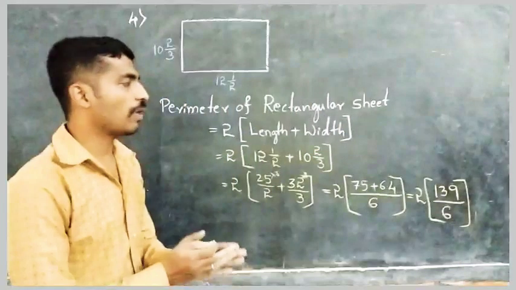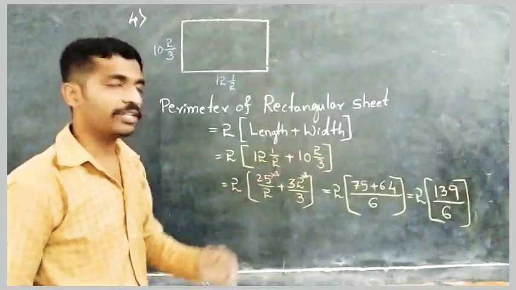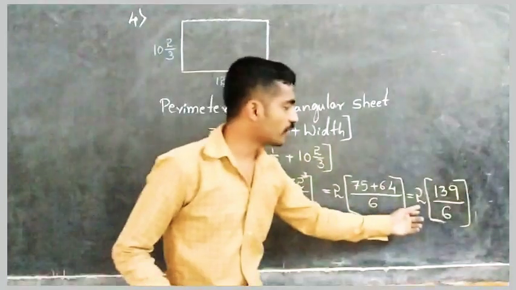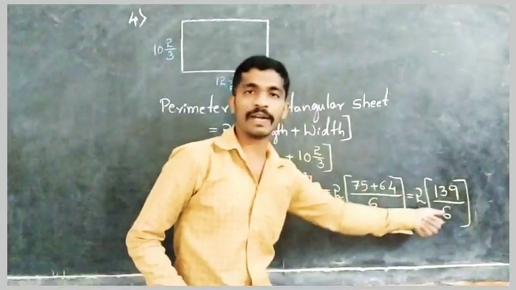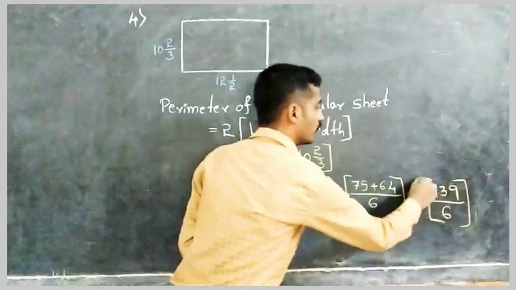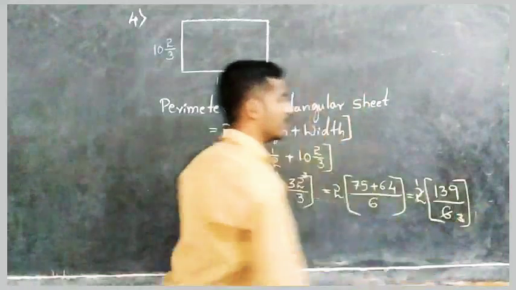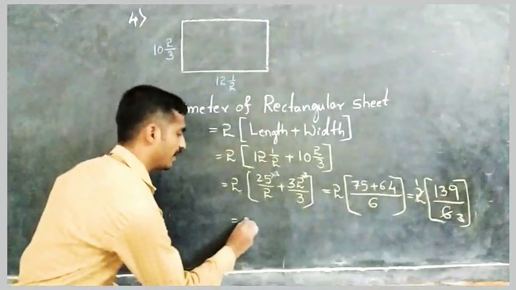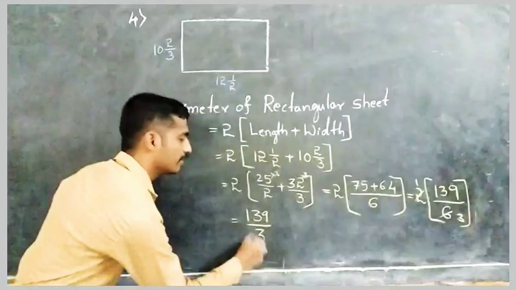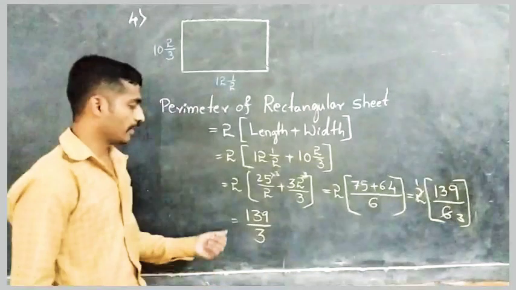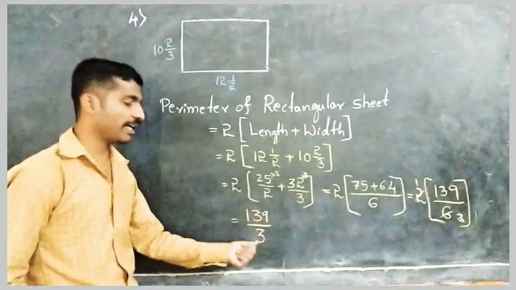Now what you have to do? Try to simplify that with the 2. So 2 1s are 2, 2 3s are 6. Divide them. What is remaining? The remaining is 139 by 3.